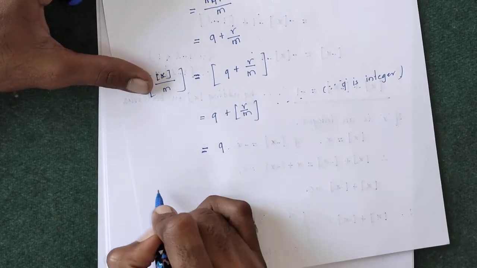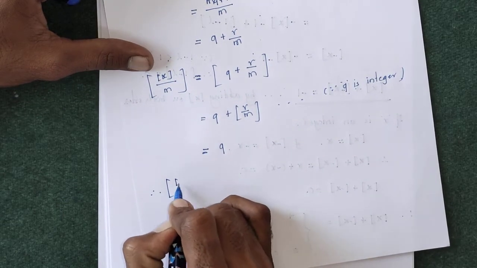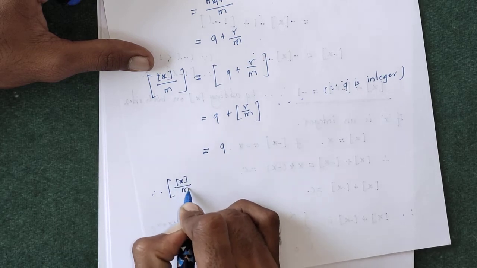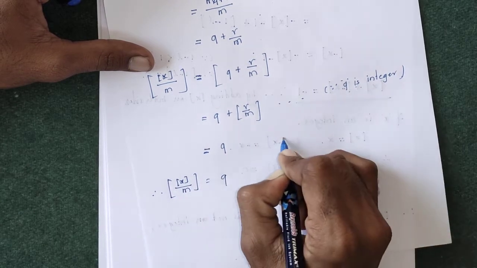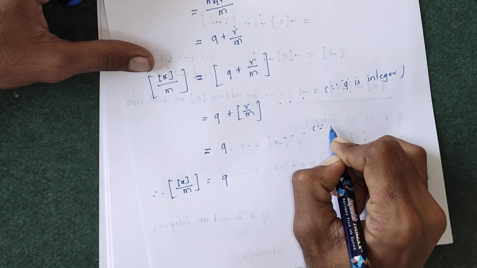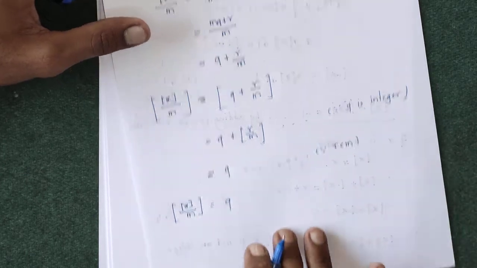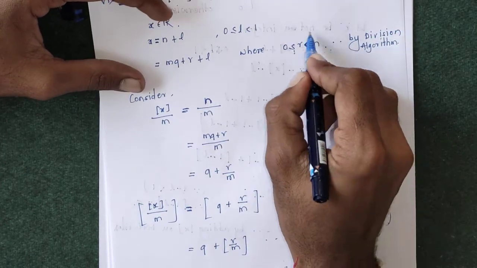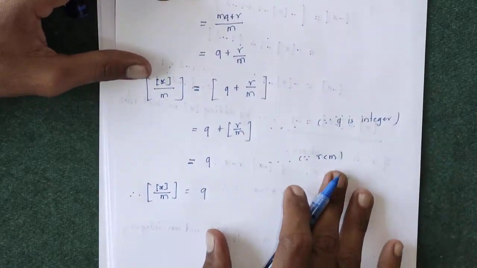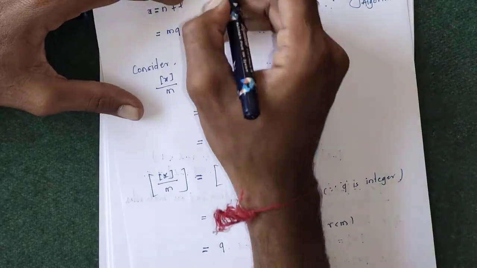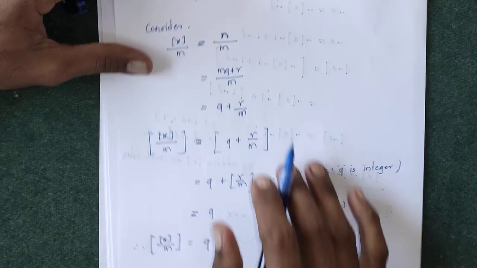So we have the integral part of x by m is equal to q. This is because our R is less than m. This R is less than m is from this inequality. Now we have the integral part of x by m is equal to q.